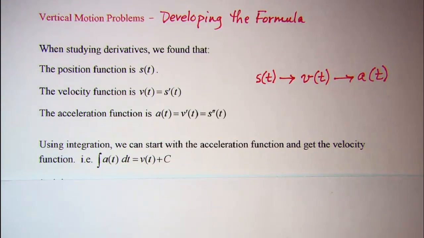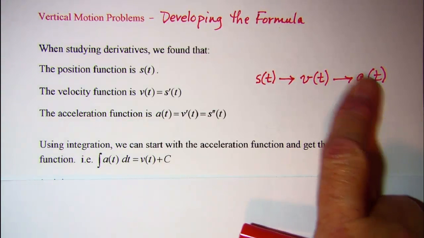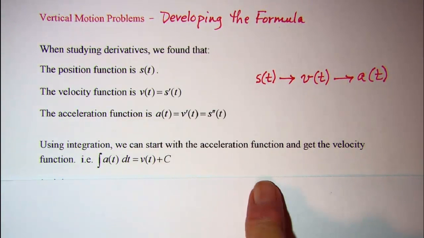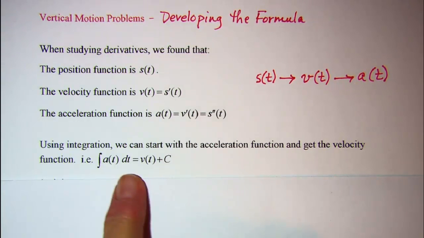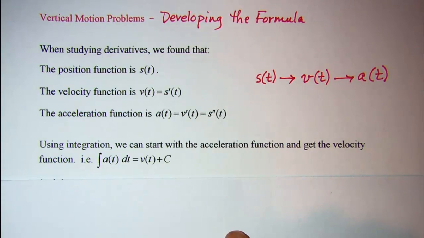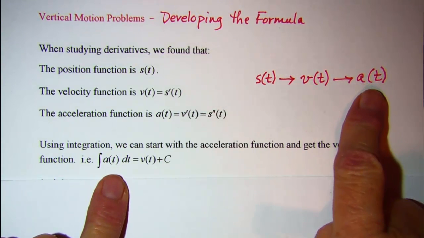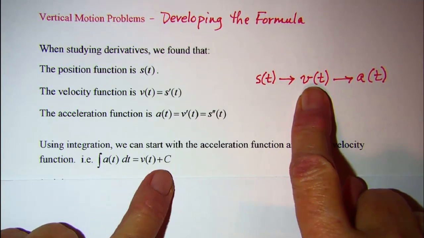So we'll be using integration. We'll start with the acceleration function, and we're going to go backwards. So we will use integration to get the velocity function, and the statement will be the integral of a of t. Integral of a of t gives us v of t, plus a constant, of course.